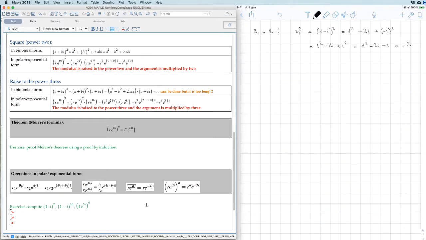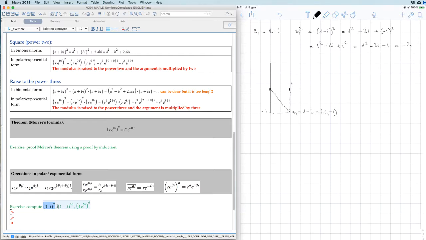So in this case, if we are given the number in binomial form, it's easier to do the power 2 also in binomial form, but we can also do it in polar because this number is quite easy. This number z1, 1 minus i, is equivalent to the point (1, -1).